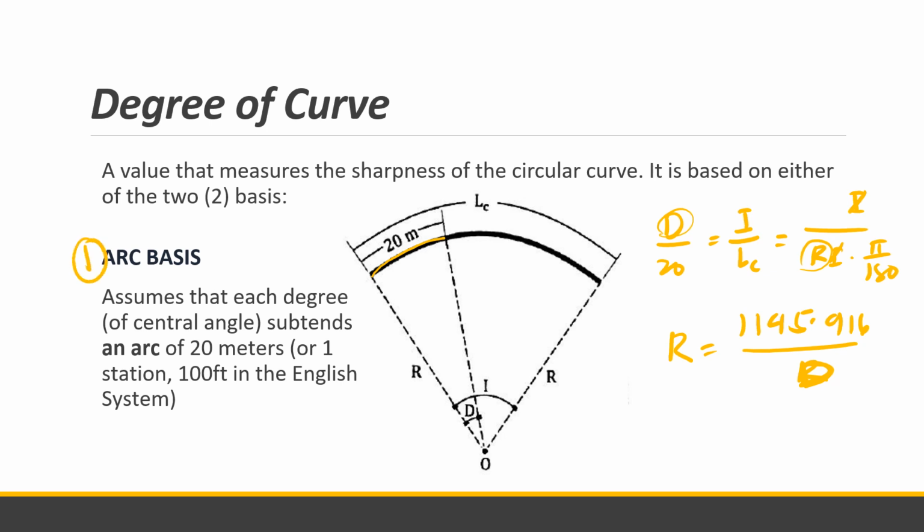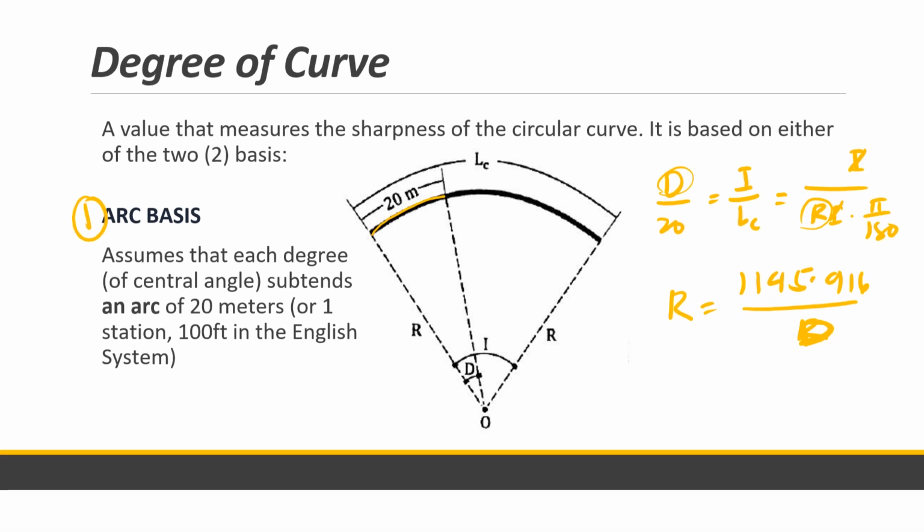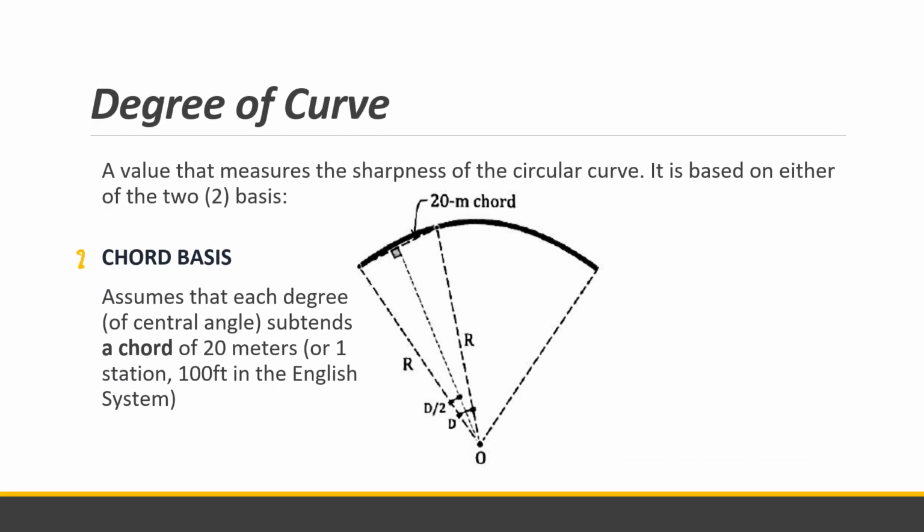So the second definition is the chord basis, where assumes that each degree subtends a chord of 20 meters. So dito naman yung 20 meter dito is yung chord. So yung kanina yung arc mismo yung 20 meter, but this time yung chord yung 20 meter at 1 degree na central angle.